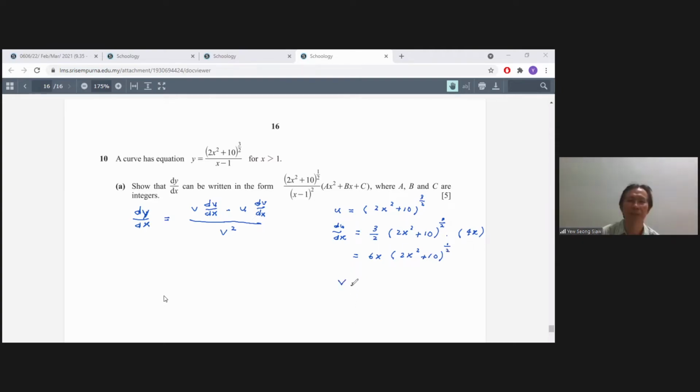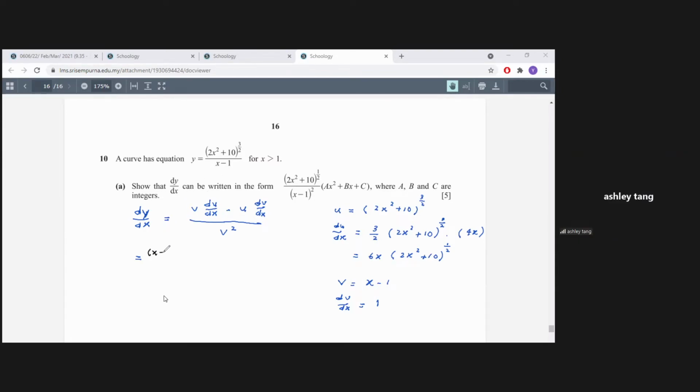V is x minus 1. dv dx, 1. So substitute inside. Copy the v. Yeah, x minus 1 times 6x bracket 2x squared plus 10 power half.